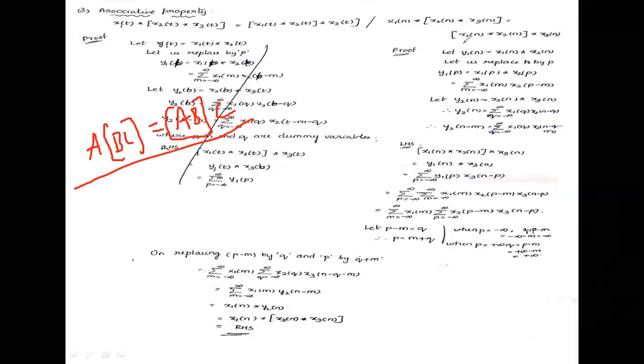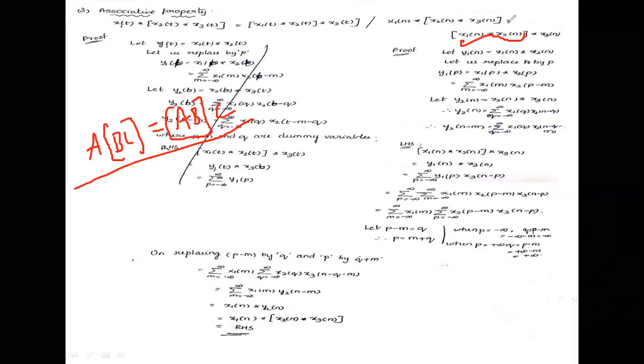So within the parentheses what we have, assuming that y1 of n, so y1 of p, let us replace the n by the p also. y1 of p is equal to x1 of p convolution with x2 of p.